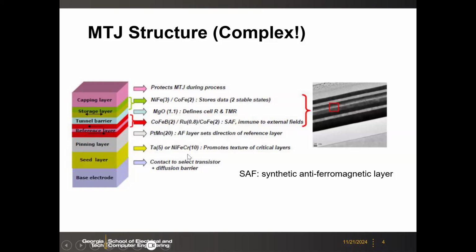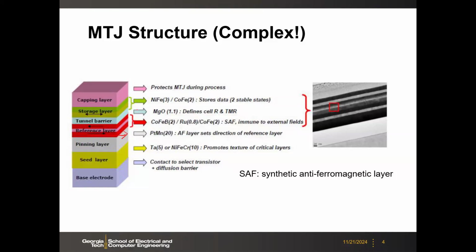Therefore, there will be a lot of complicated materials deposited there. Most of them are ferromagnetic materials, magnets, and it's very complicated. We will not go into the details of the composition. Some of those structures are called the SAF, synthetic antiferromagnetic layer. So you need something here to stabilize this direction.